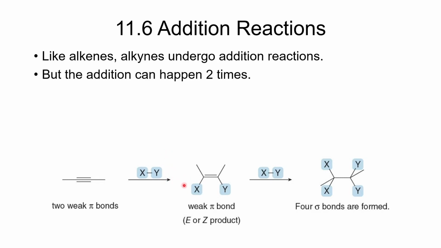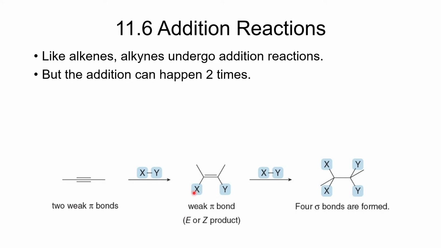The difference is that we can do that addition two times. And in certain situations, we can even stop after one addition and form an alkene. Now, whether we form the trans or the cis alkene is going to depend on the mechanism. Remember, some of our addition mechanisms are syn, some of them are anti, and some of them don't have a preference.